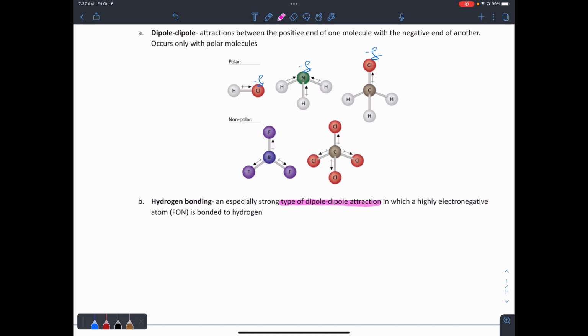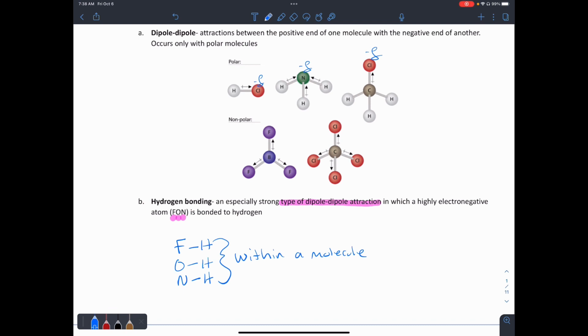In this type, the highly electronegative fluorine, oxygen, or nitrogen is bonded directly to a hydrogen within a molecule, and any molecule that contains an F, an O, or an N directly bonded to an H within the molecule, that molecule is capable of hydrogen bonding.